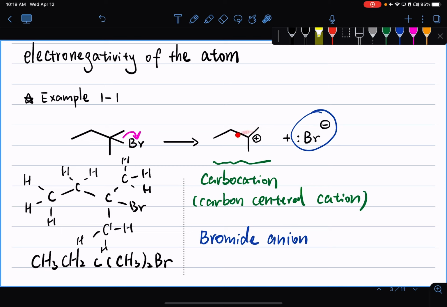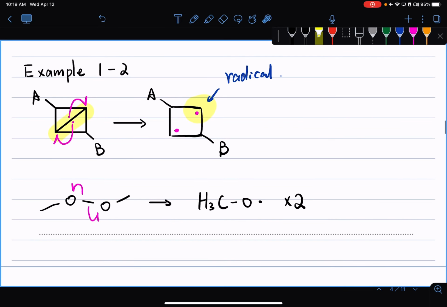It's a plus charge on the carbocation and a minus charge on your bromide, right? So the charge on both sides of your reaction still needs to balance. But when we're talking about homolysis, the cleaving of a bond to form radical species, it is a free radical, yes. It has an unpaired electron, yes, but it does not have a charge.